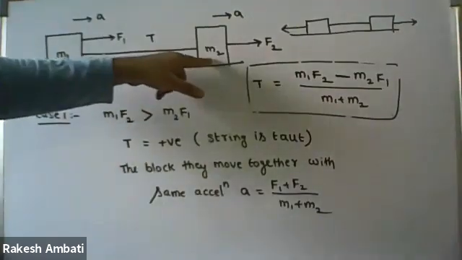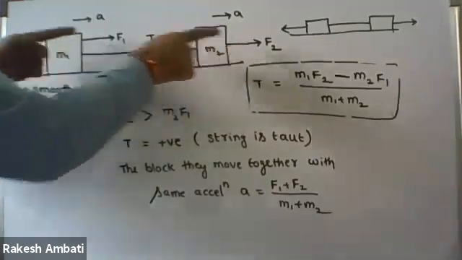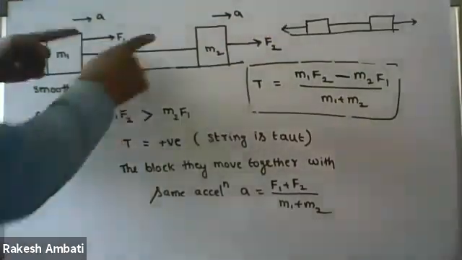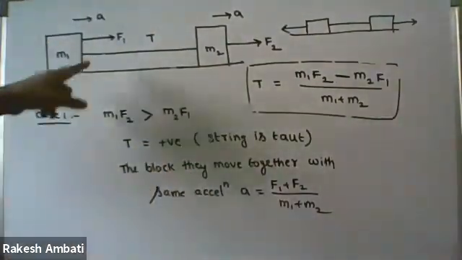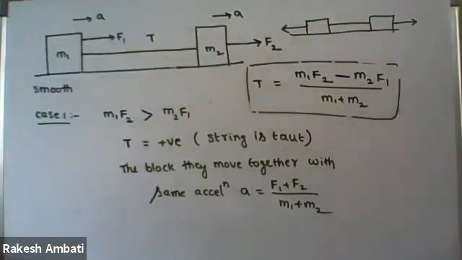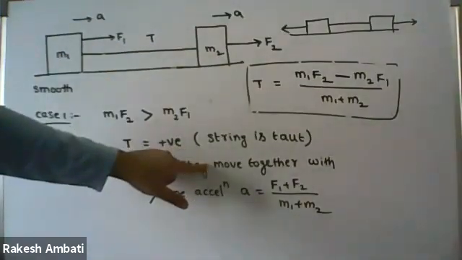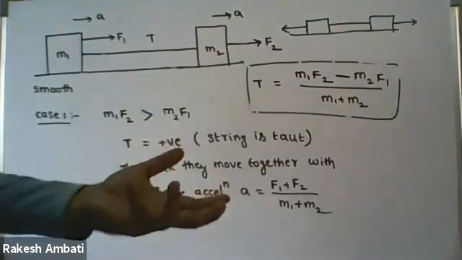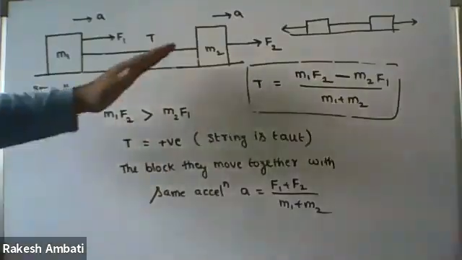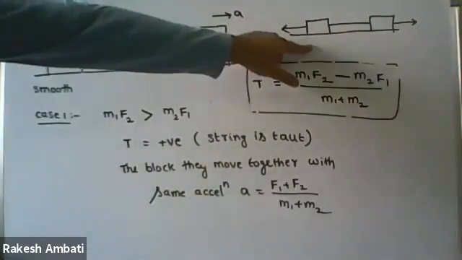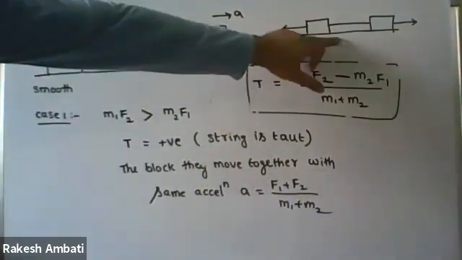But in this case, the two blocks are in the same direction, the two forces in the same direction. If two forces are in the same direction, can we give any assurance that the string will be taut in all conditions? No, sir. So those conditions we are finding out: in what condition the two blocks move together and in what condition they do not. But in the previous question, is it compulsory to find out these conditions?